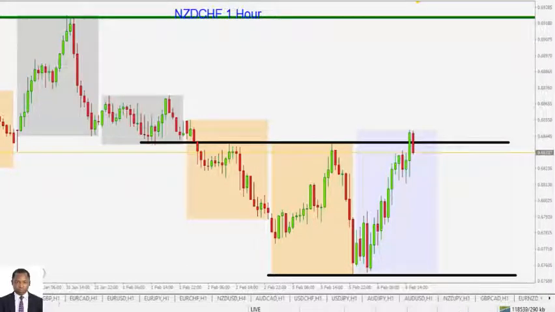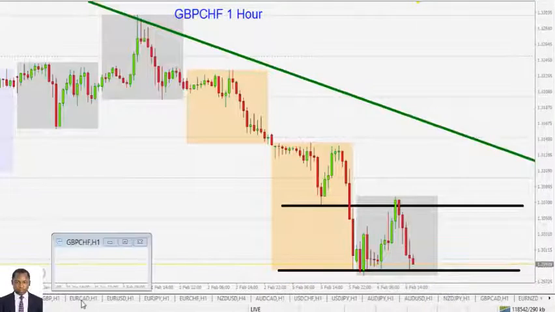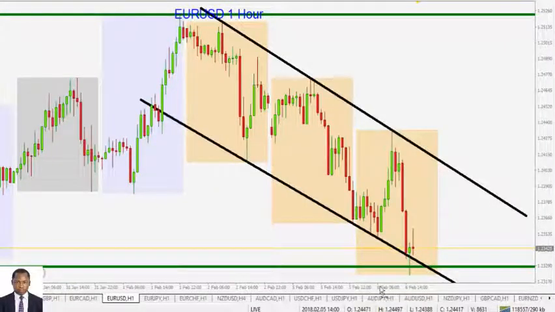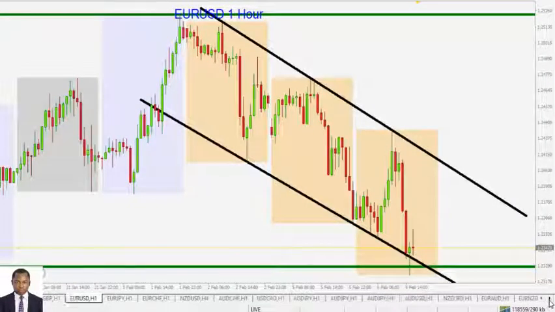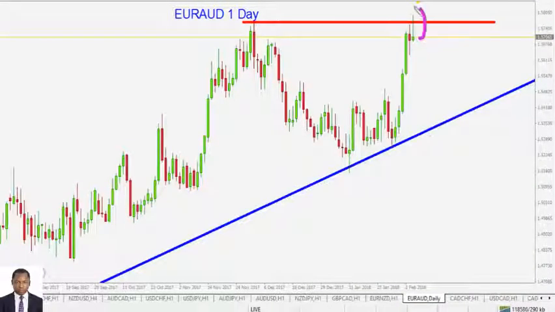That's where we have one setup to follow. Let's see. Where is that? Okay, the euro against Australian dollar, the daily time frame. That's what we are watching. We're waiting for that to close.